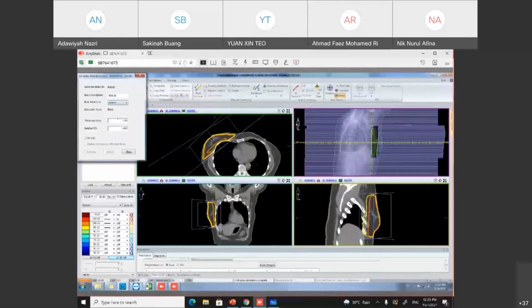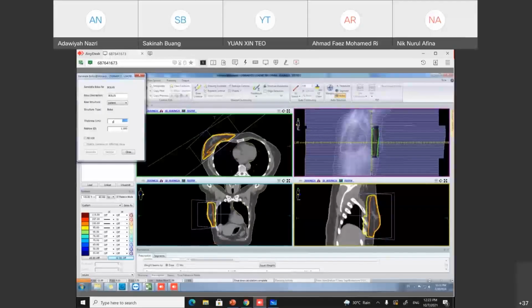Let's say in our situation we need a 1 cm bolus. So you will need to put in a 1 cm thickness here. You have to define where the start point of your bolus is. For Monaco, if I'm not wrong, from the start point to the end point is clockwise. Let me see. I seldom do breast, so I forgot.